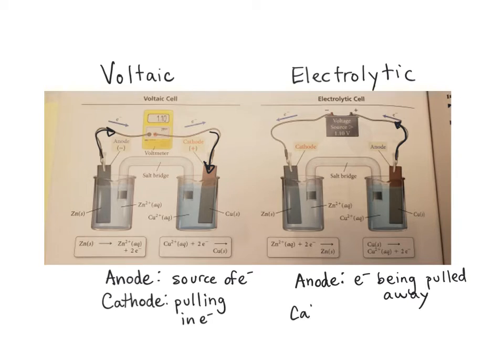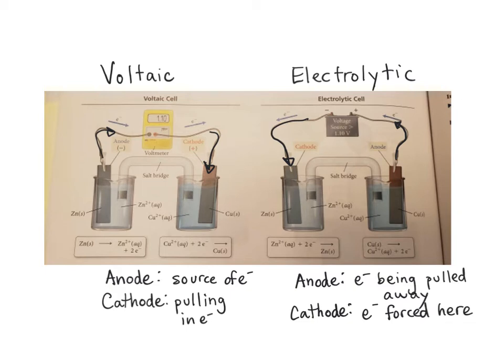The cathode now is the zinc, so we've got this reaction going in reverse, and the electrons are entering, or they're being forced into the cathode.